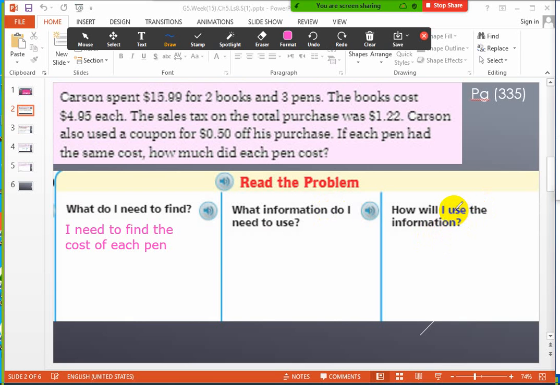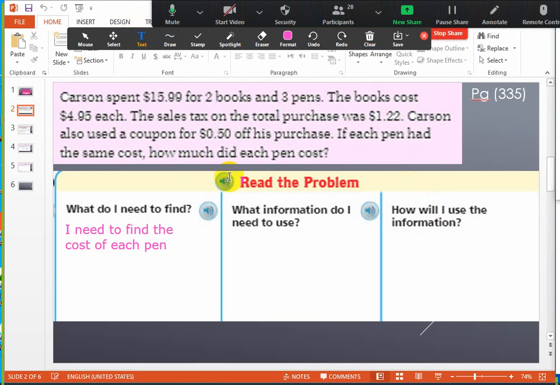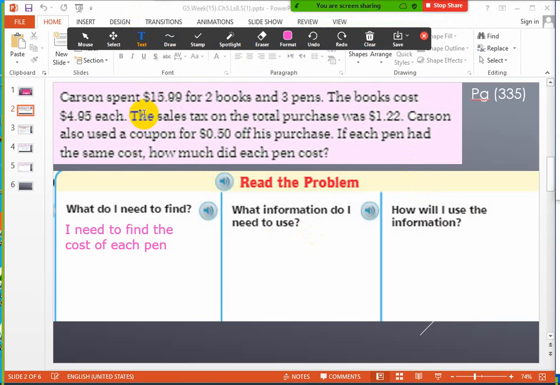I have to write here the numbers in the problem. So I have 15.99 for 2 books and 3 pens. This person spent $15.99, so I have to write this.